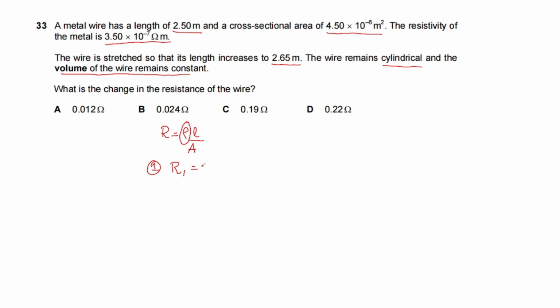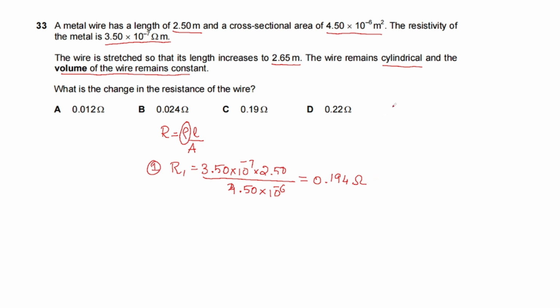The resistivity is 3.50 times 10 to the power minus 7, the first length is 2.50, and the area of cross section is 4.50 times 10 to the power minus 6. Please do the calculation and find out the first resistance value. So this value would be 0.194 ohms.